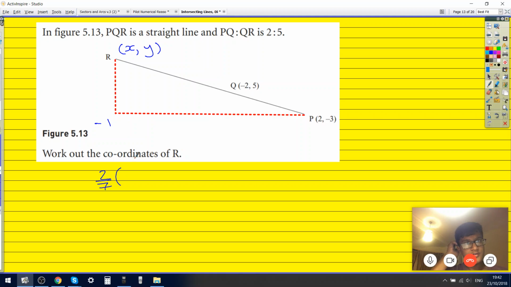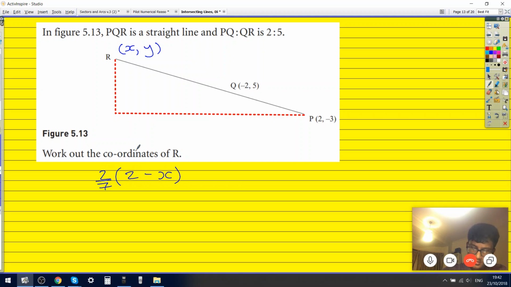This is -1. Basically, second minus first. Okay, so that would be -2. Wait, so 2 minus x. Yeah, 2 minus x.